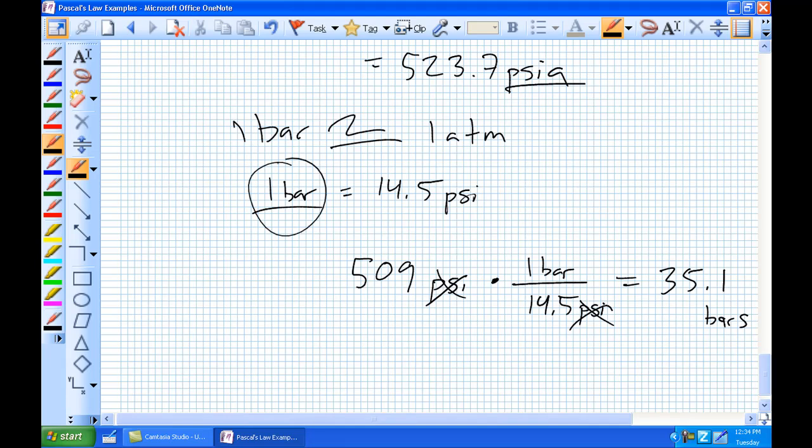So the bar is a neat unit because it also serves as a bridge unit between the English system and the SI system. The English unit is 1 pound per square inch.